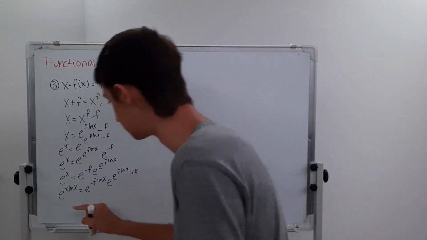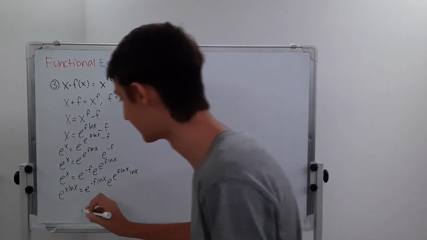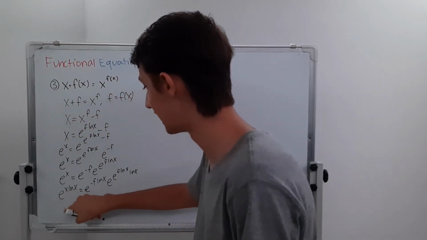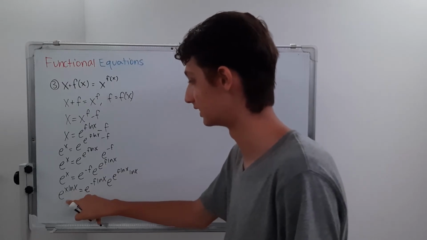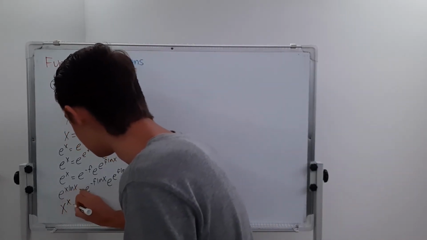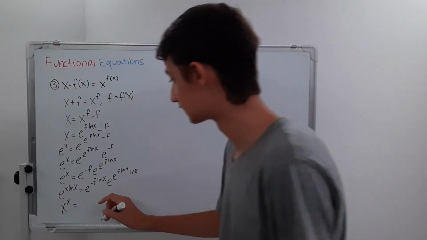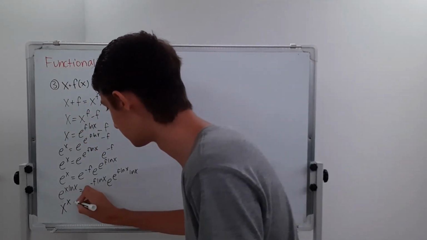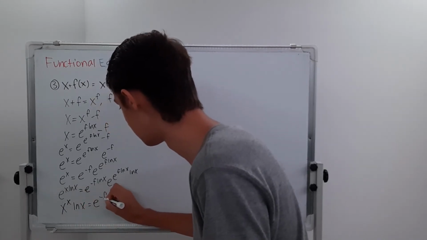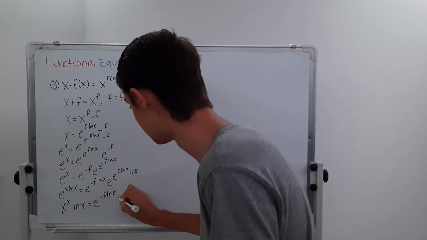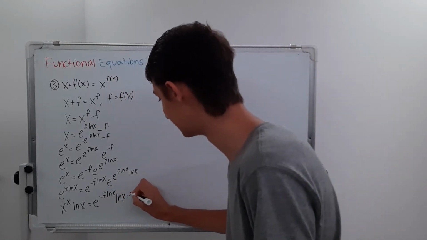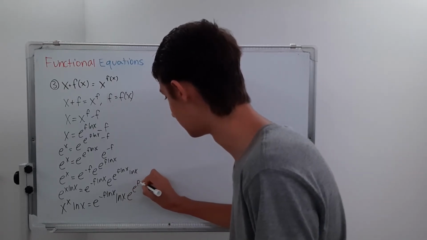So if we just multiply both sides by ln x, we can see that we get e to the x ln x is just x to the x, because e to the ln x cancels. So that gives us x to the x times ln x is equal to e to the negative f ln x times our ln x, and then we're also multiplying by e to the f ln x.